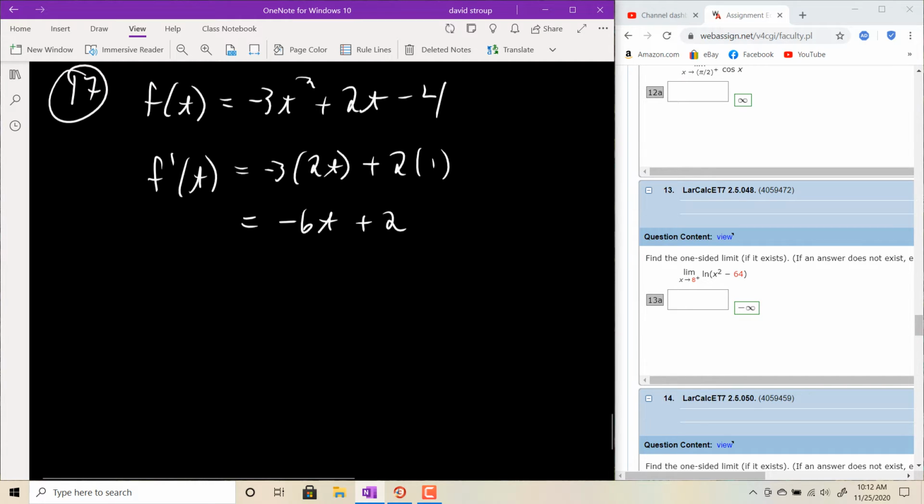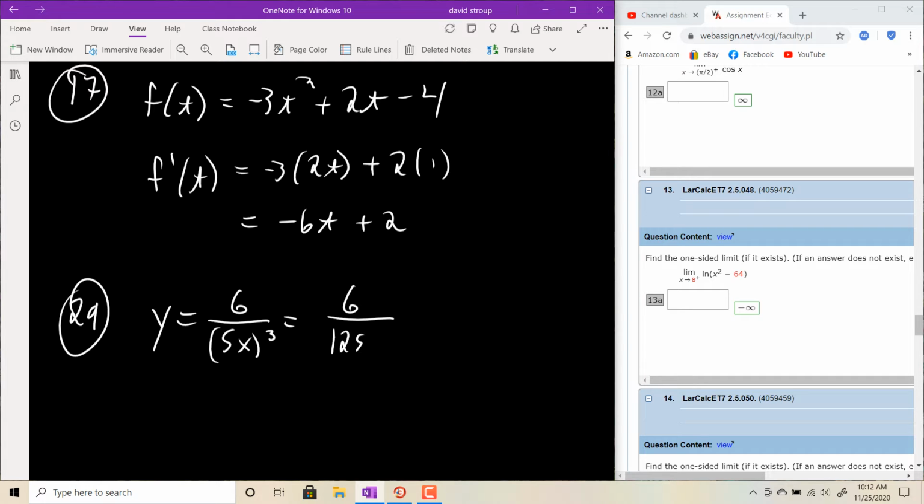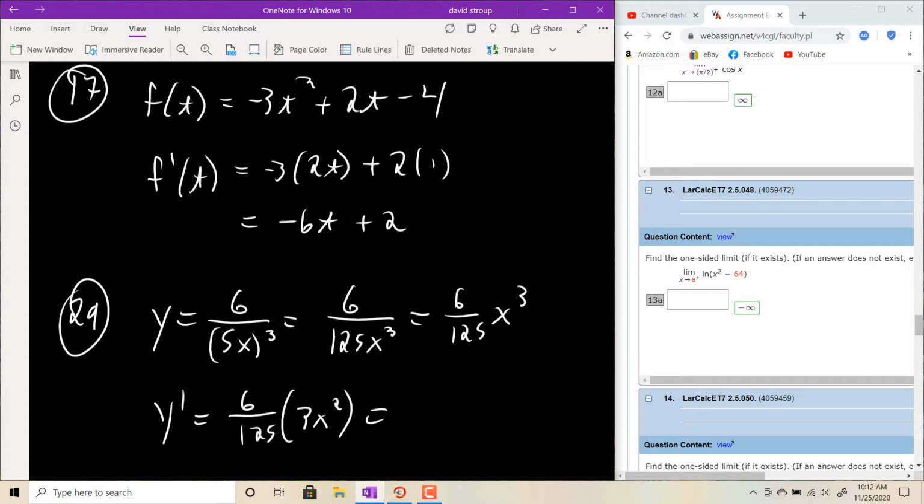Like, for example, 29, y equals 6 all over 5x cubed. You could rewrite this as 6 all over 125 x cubed, and then you could rewrite that as 6 over 125 times x to the negative 3. Okay? So its derivative would be 6 over 125 times negative 3x to the negative 4.